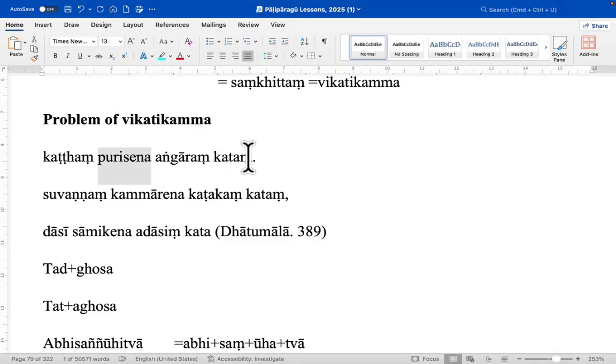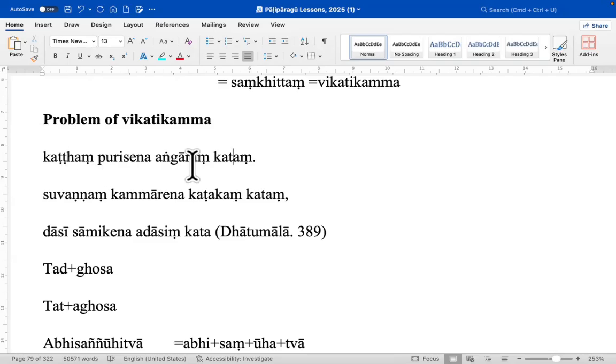Kattan and Ankaran look like they have a nominative or accusative case ending. In the passive voice, the subject takes the instrumental case ending, and the object takes the nominative case ending.